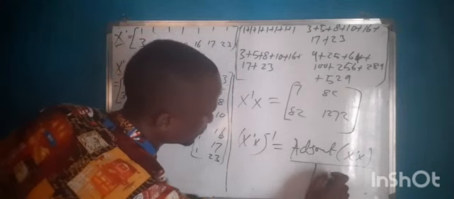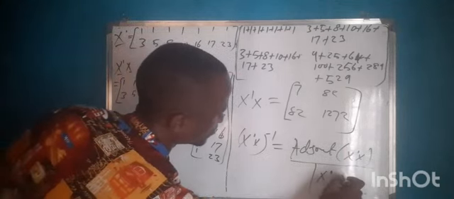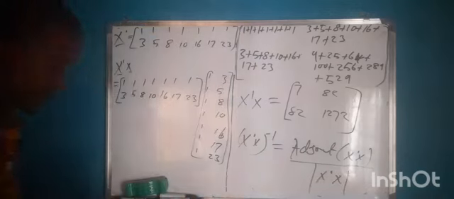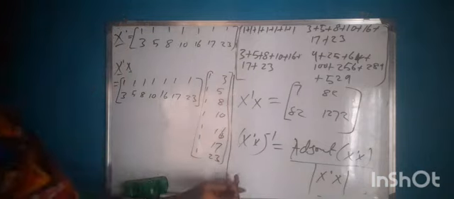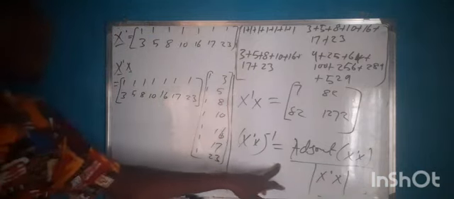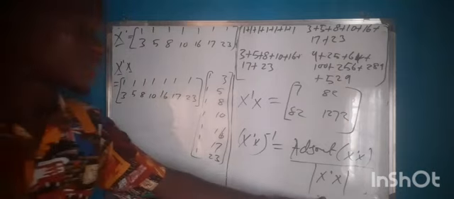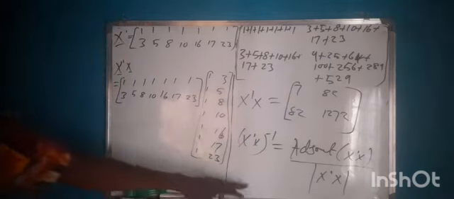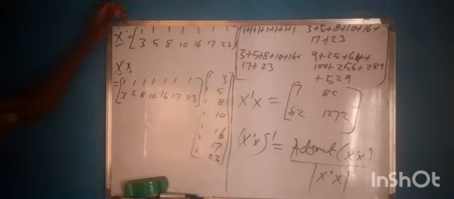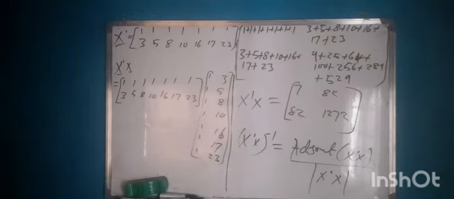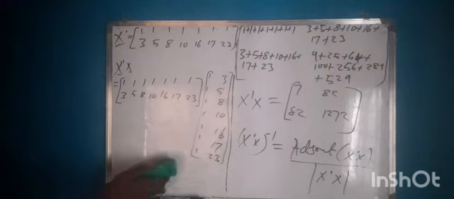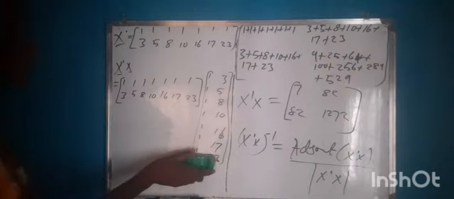The determinant of X transpose X. This is the formula for getting the inverse of a matrix. There are other methods like row echelon operation, but in this example we are going to be using this particular formula to obtain our inverse. Okay, so let's get the determinant of X transpose X first.